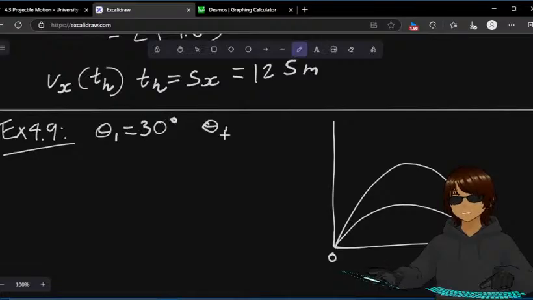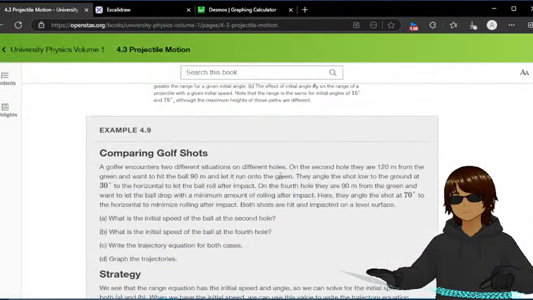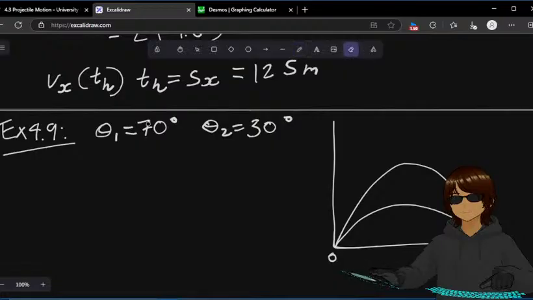Theta 1 is 30, and the other is 70. Or let's do 30 first and then 70. It doesn't make a difference.